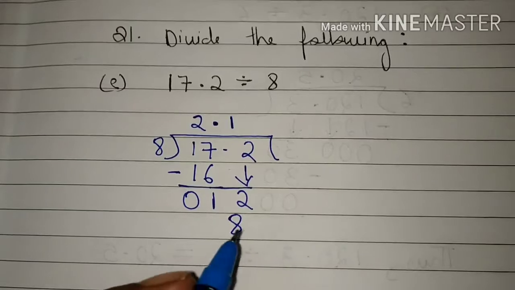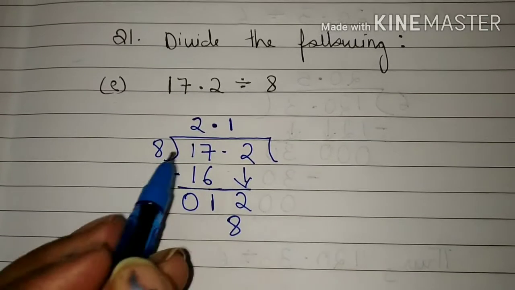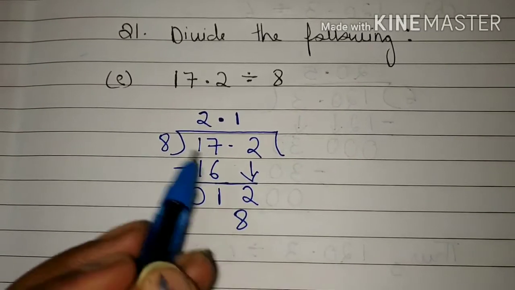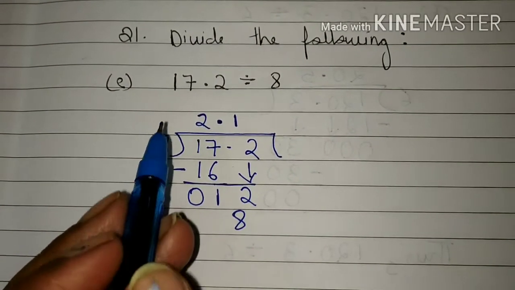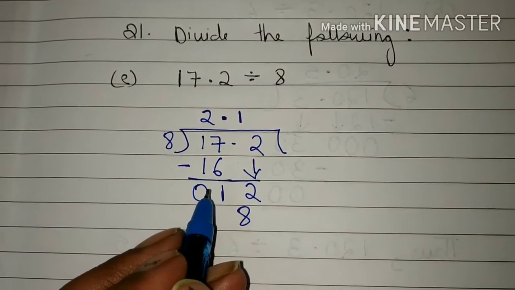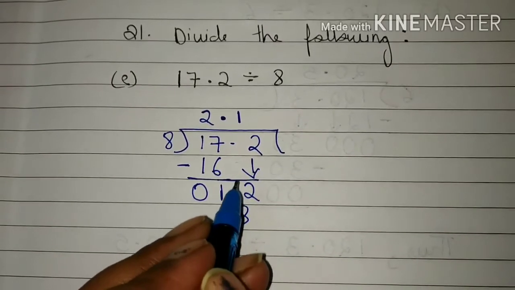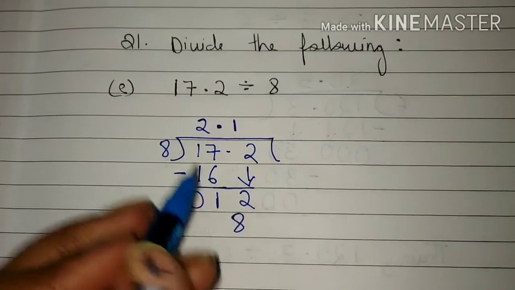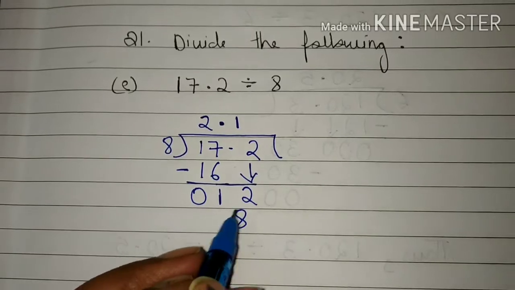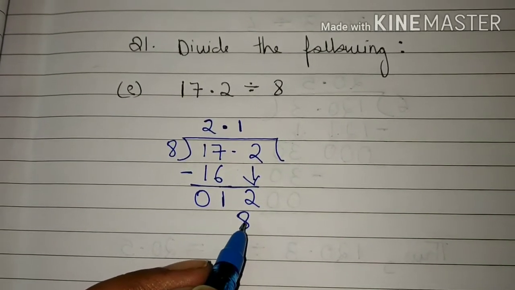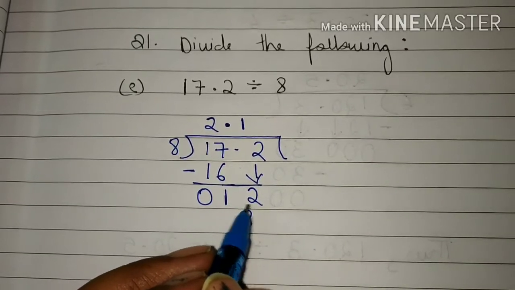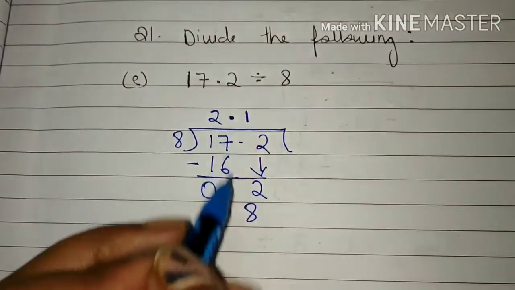Students, why have we written 8? Because 12 is not coming in the table of 8. So we want a number which is equal to 12 or less than 12. So we have taken 8 because 8 is less than 12. So 8 1s are 8.